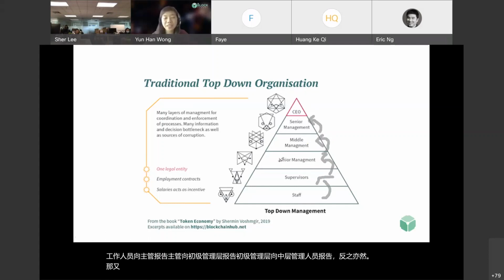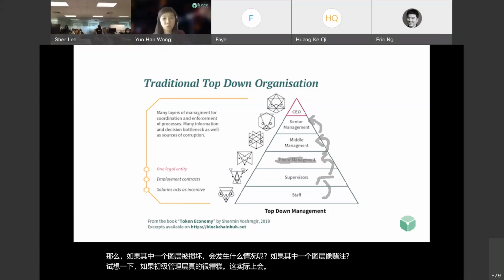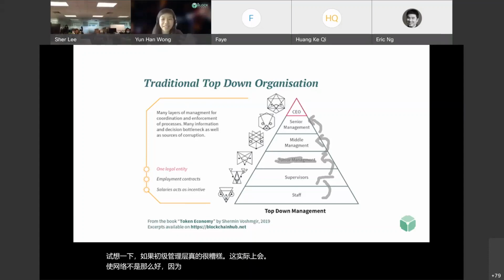If one of this layer is corrupted, if one of this layer is like bad, imagine if the junior management is really bad. This will actually make the network not so good because now you have a layer that is not so efficient. All right, so these are some problem with current organization.